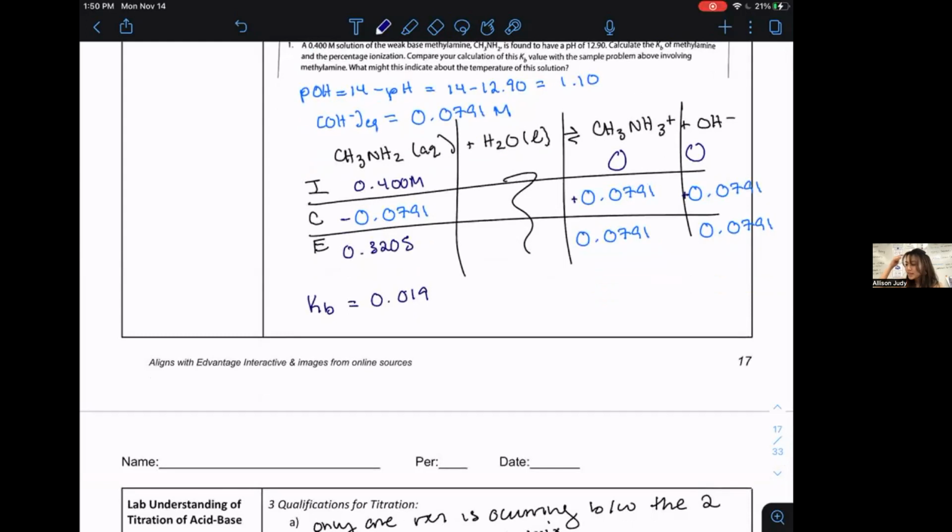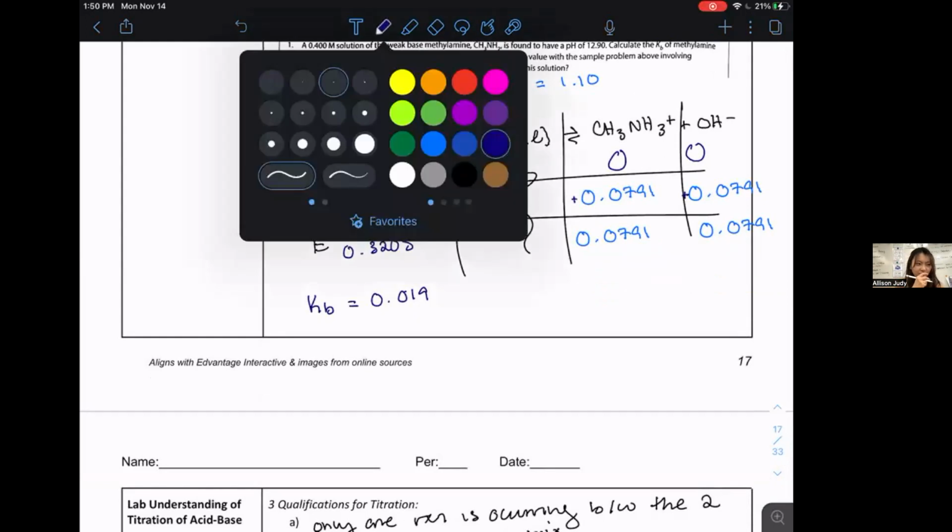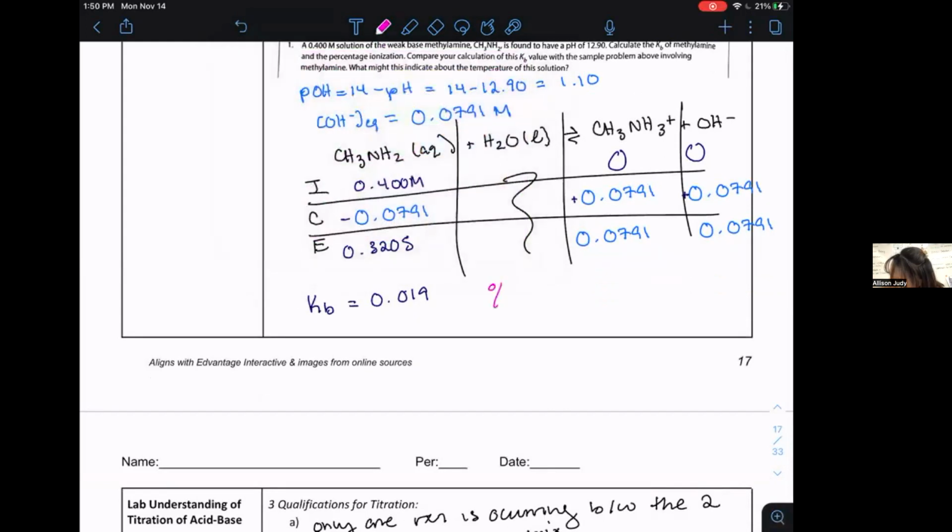So now, as far as percent ionization works, all right, that's the Kb. So what you would do for percent ionization is you would do the concentration of the ion, 0.0791, all over the initial concentration, 0.400, times 100.